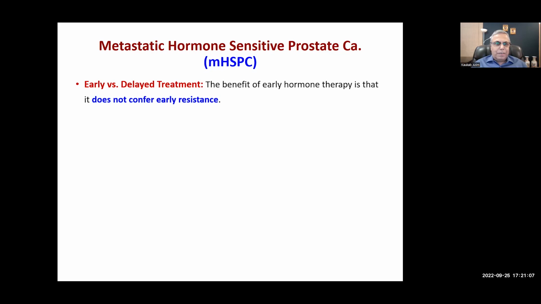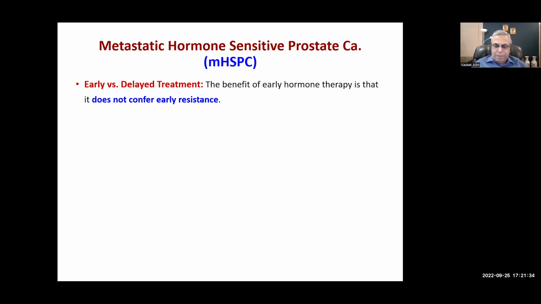So it turns out that early treatment is much better than delayed treatment. The benefit of early hormone therapy is that it does not confer early resistance. If you delay the therapy, maybe the cancer will go away, your PSA level will go down, but the cancer will recur sooner, and the cancer cells will develop resistance to drugs sooner.